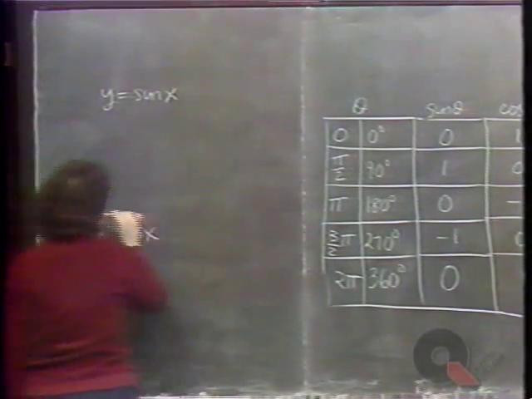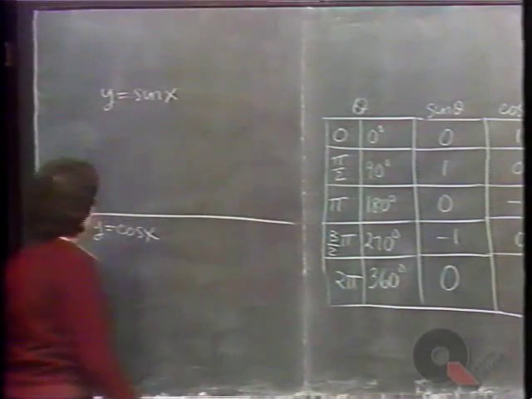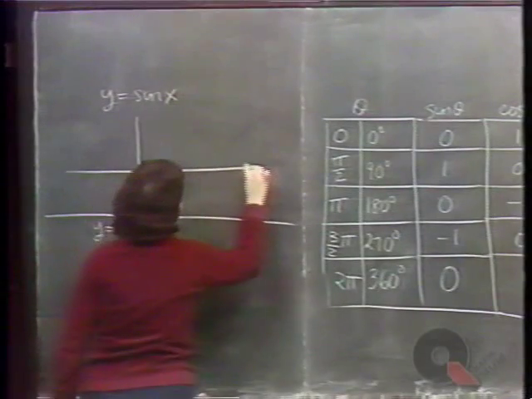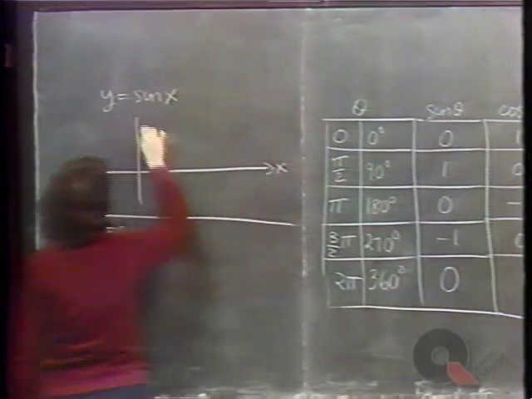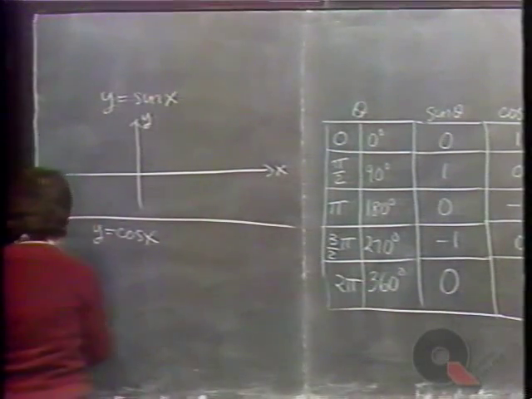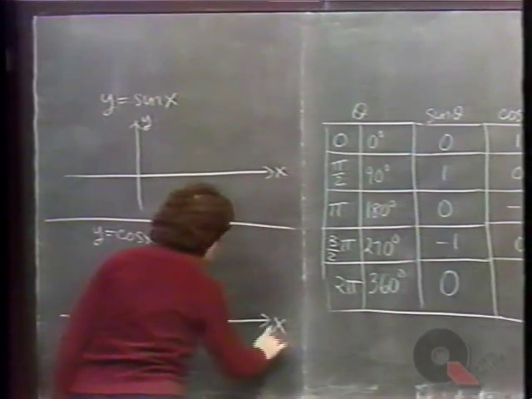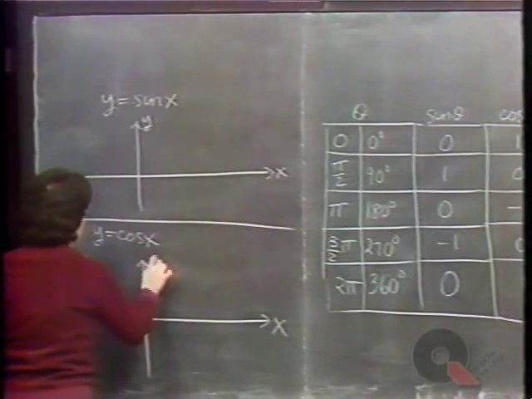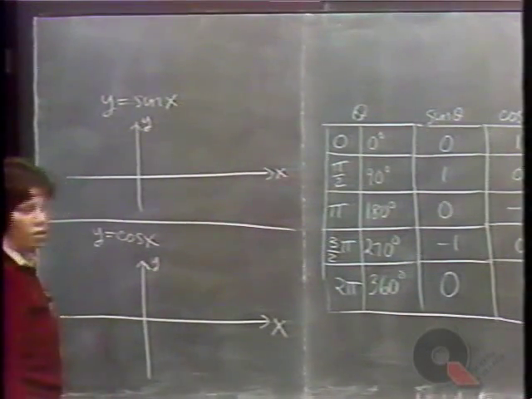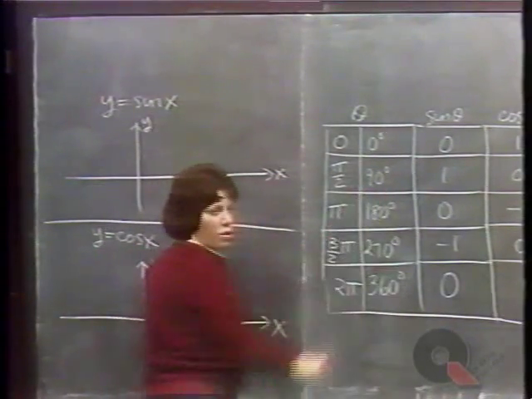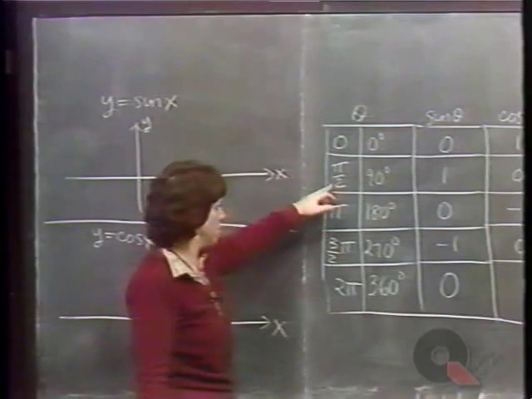When I'm sketching the graphs of these functions, I would like to sketch them on coordinate axes where x represents a real number and y represents a real number. I'm therefore going to be using the radian measures for the angles. I wouldn't know where to put, say, 90 degrees. Pi over 2 radians makes sense to me.